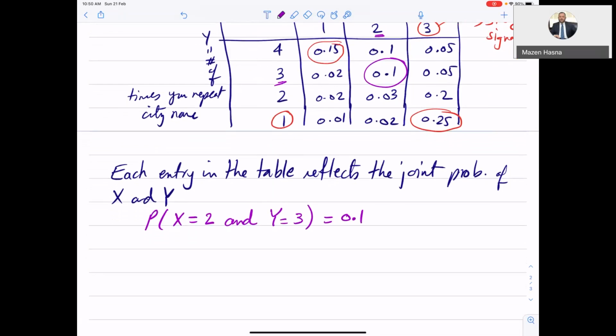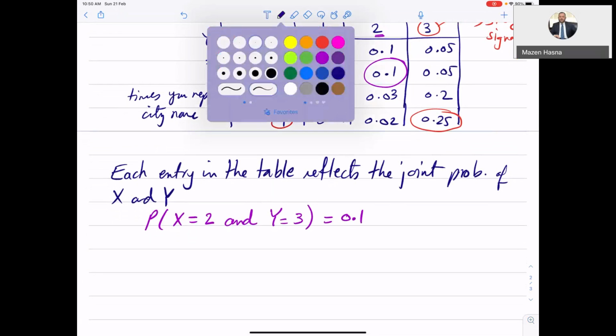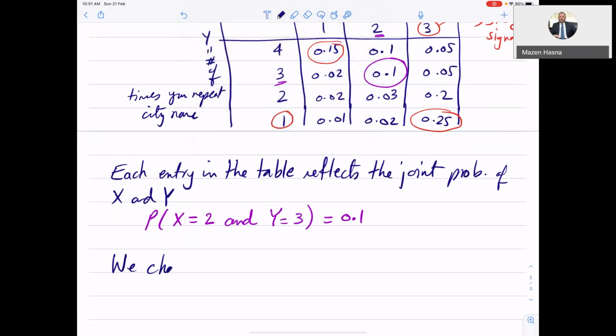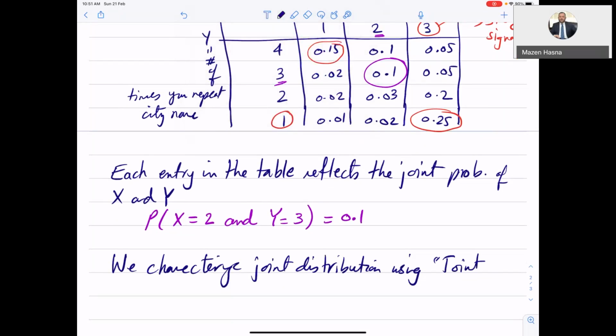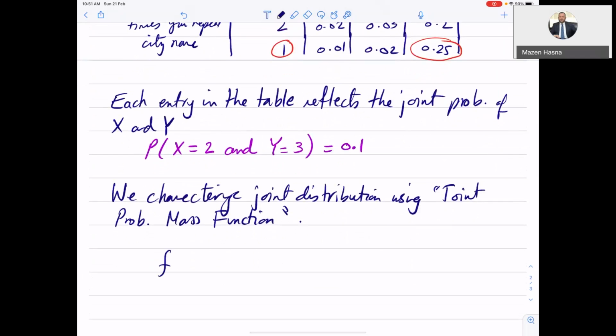And the way we characterize joint distributions is using the joint probability mass function, which we write as f_XY of x and y, or simply f of x and y.